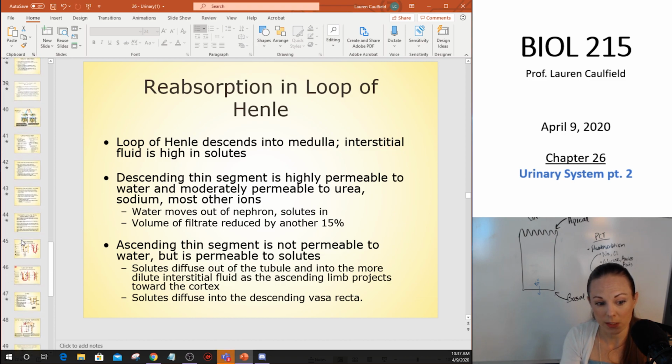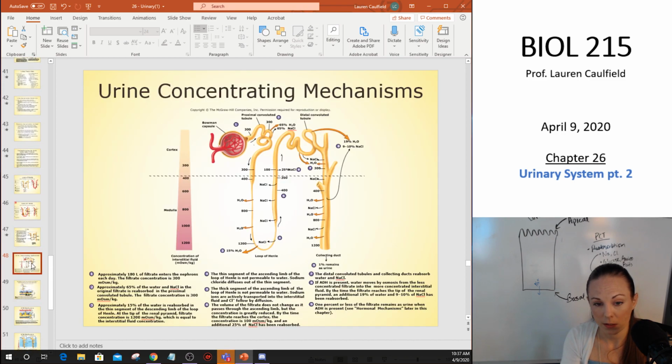So let's skip ahead to look at this diagram. Here is representing the cortex going down into the medulla. As we extend this loop of Henle down into the medulla, you can see that the concentration of solutes increases as we go down into that loop of Henle.